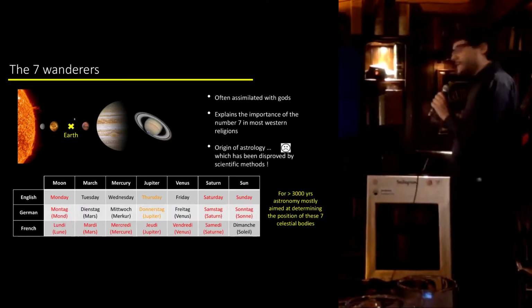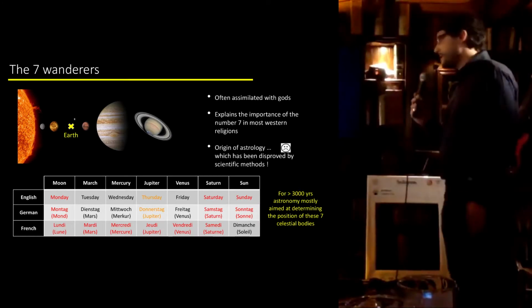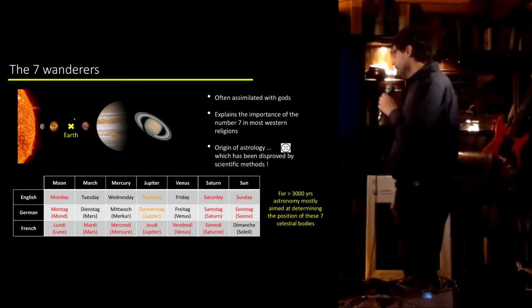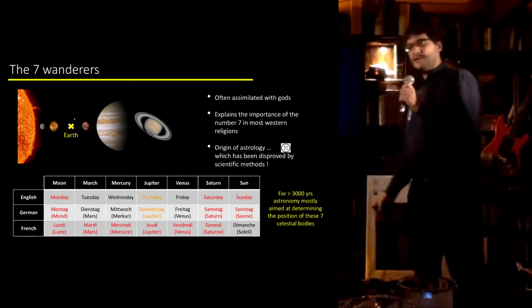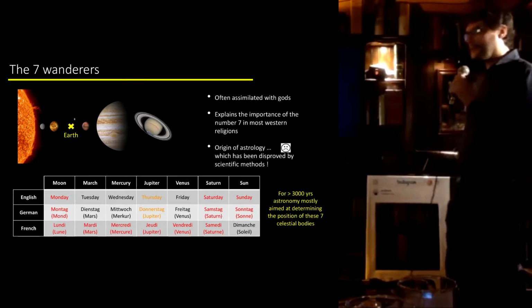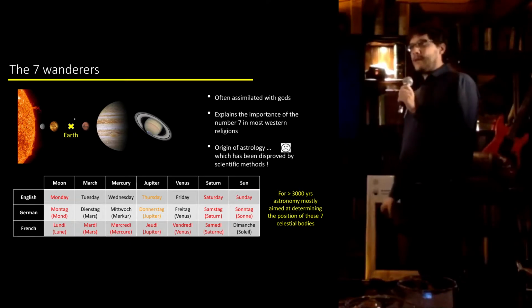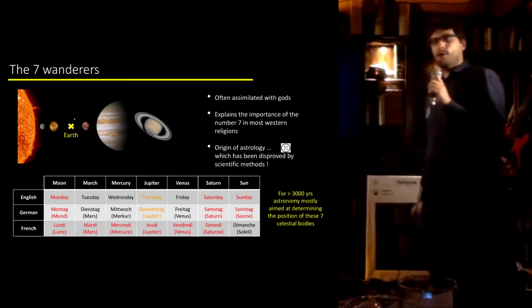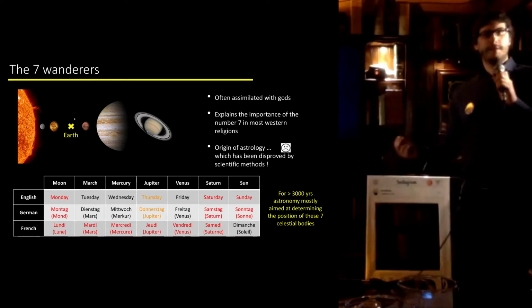And these have been known since very ancient civilizations. They've usually been termed, from the Greeks again, the seven wanderers, due to their motion relative to the fixed stars. And that word wanderer is actually the origin, the etymology, of the word planet in Greek.